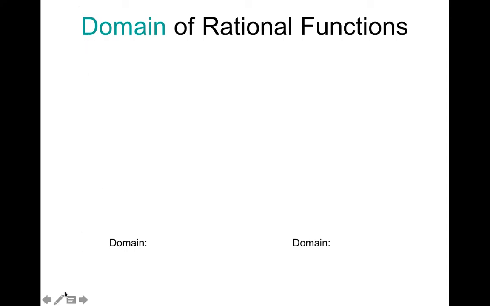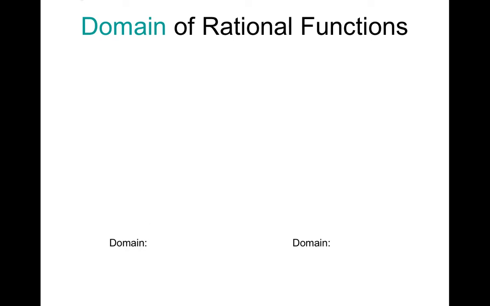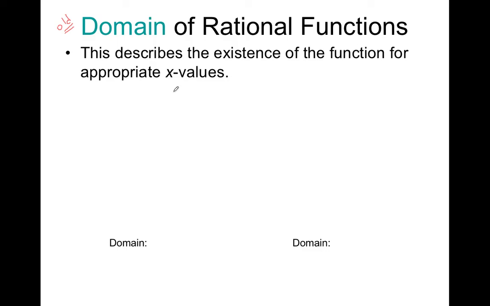Now, let's talk about the domain. This is kind of old news. The domain of a rational function, and you should have a handout for this too with your notes. So I want to talk about two different ways to think about the domain of a rational function that I might test you on.